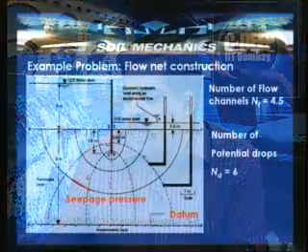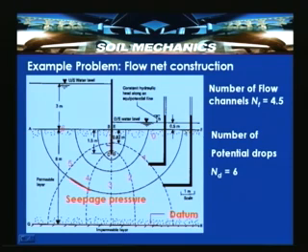So, the flow is taking place from A to B. If it is B here and A here, the flow is actually taking place like this, and seepage pressure is actually acting along the flow line.